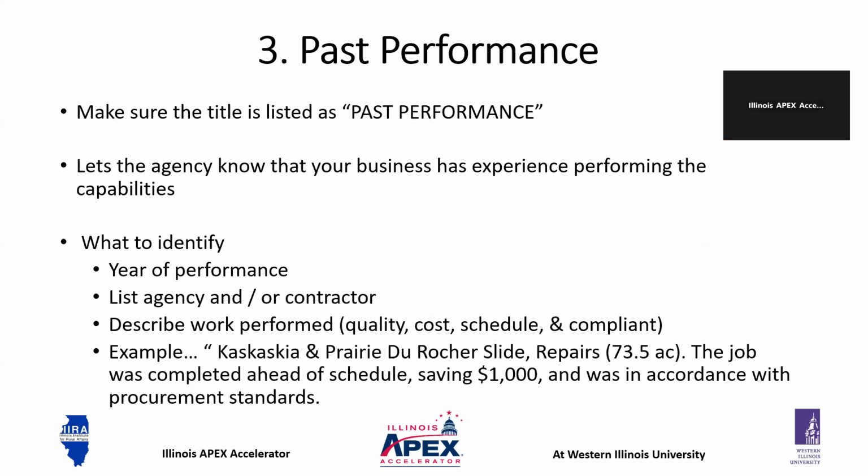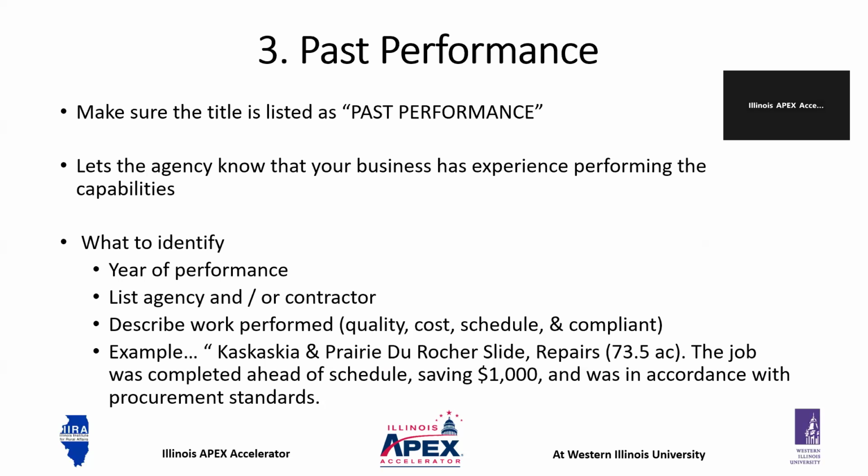Past performance. This section will get a little bit more attention because it's very important when it comes to how your capabilities can relate to an agency's needs. Make sure that you clearly display that you have past performance. This lets the agency know that you have experience in performing the capabilities that you talk about.